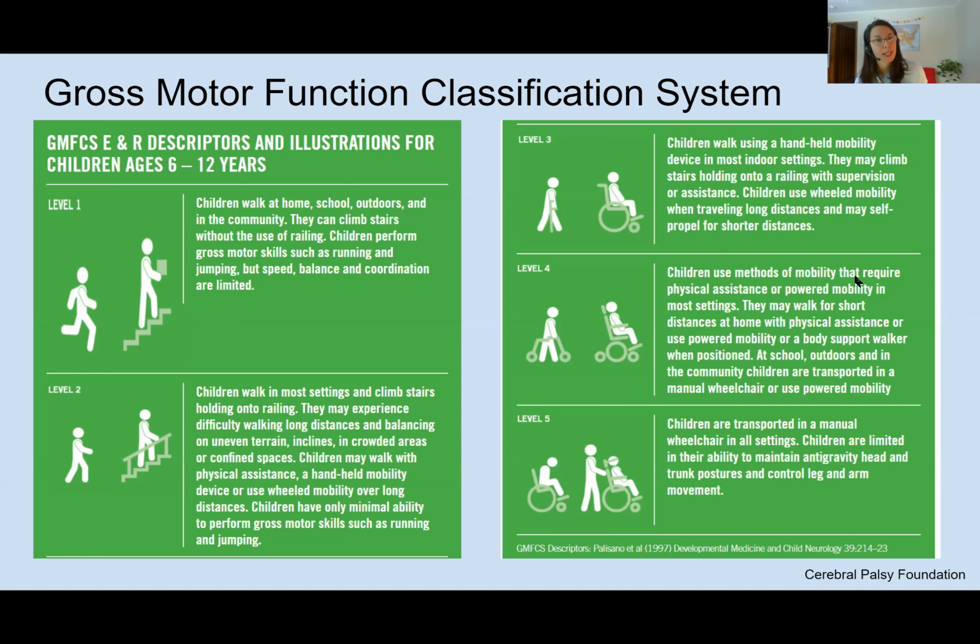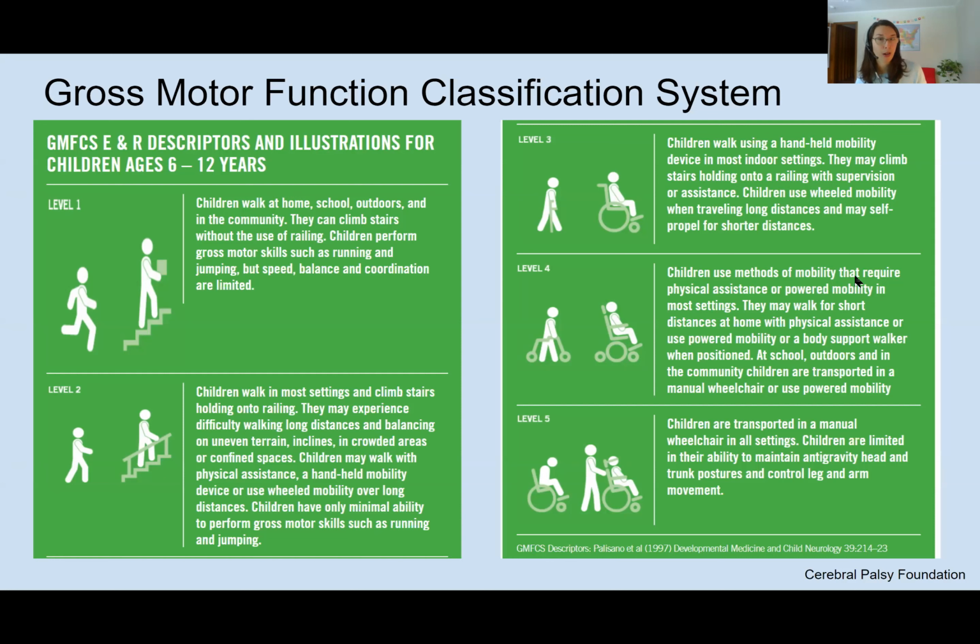At that level they might need some physical assistance for mobility, like a handheld mobility device, but not as much as in levels 3 to 5 over here, where you might use a cane or a walking frame or a wheelchair for long distance travel.